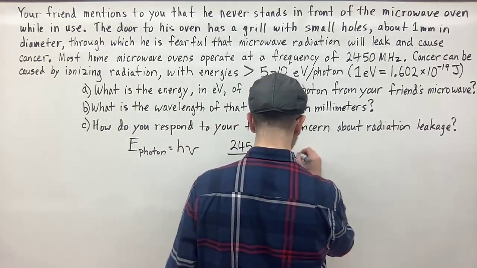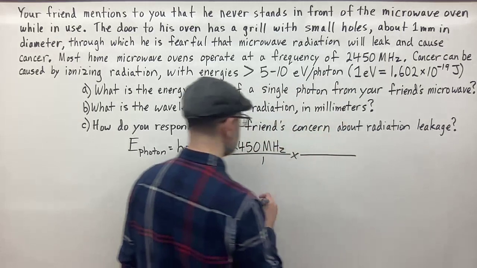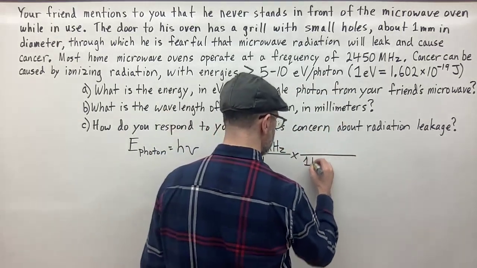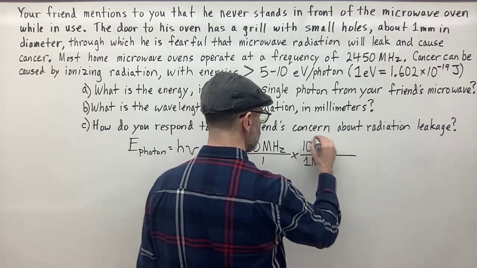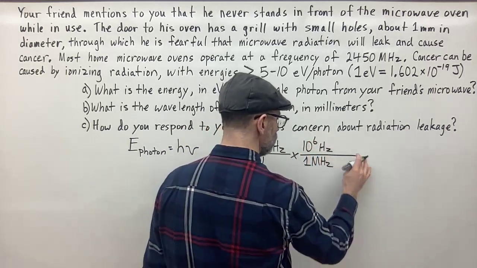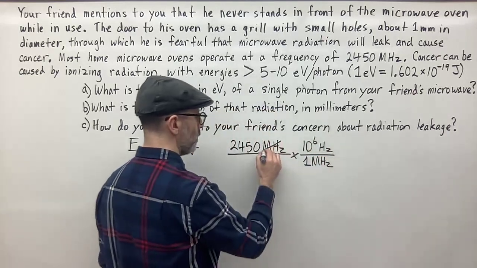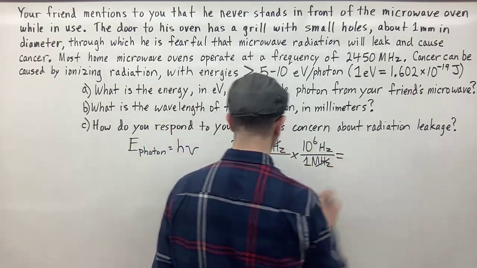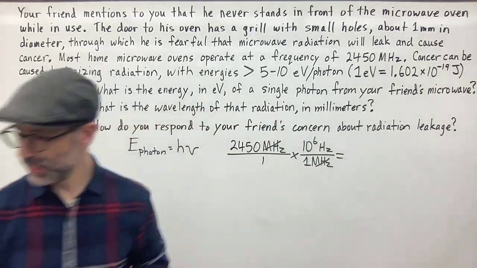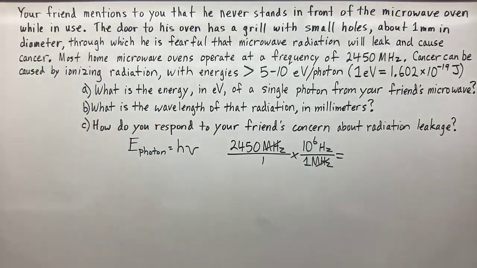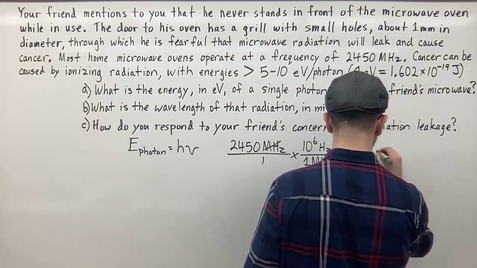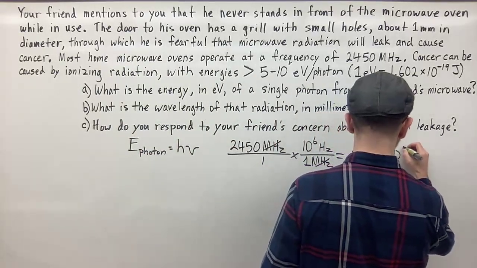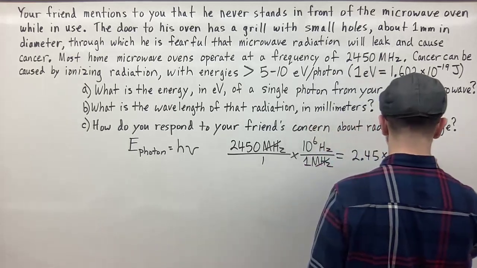We'll use that as a conversion factor: 1 megahertz on the bottom and 10 to the 6 hertz on the top. So megahertz cancel out, and when I calculate this, I get 2.45 times 10 to the 9 hertz.